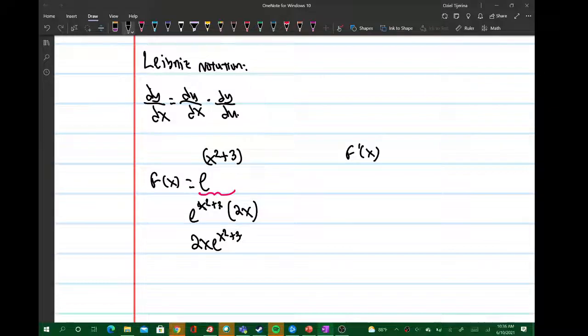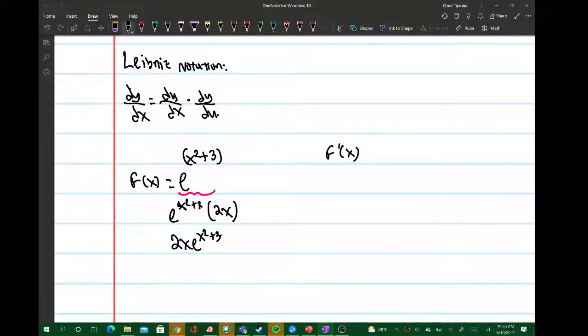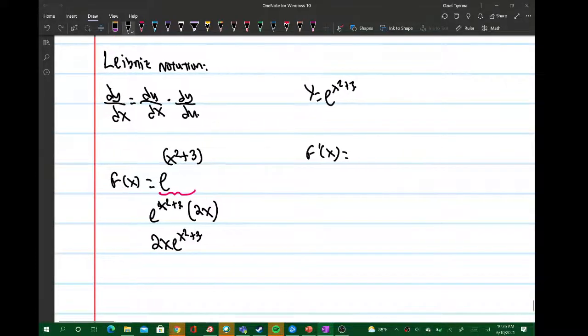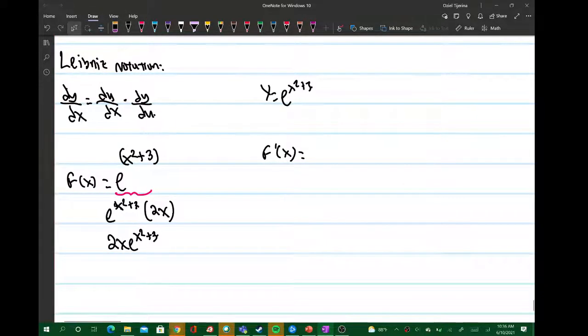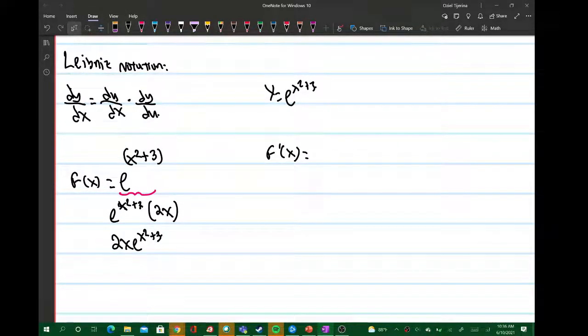Now, using Leibniz notation, the way that they would do it is they would say, well, in reality, we have y equals e to the x squared plus 3. And basically they say u equals x squared plus 3, because they use u substitution, which is kind of a new term for this channel.